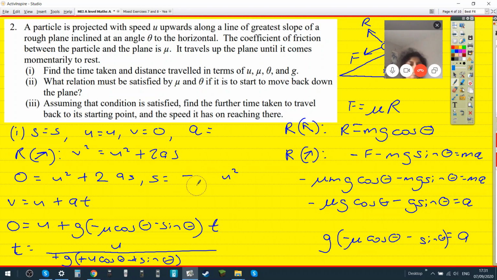So minus u squared over, and then it's just the whole thing. Yeah. 2g minus mu cos theta minus sine theta. Yeah. And let's just check. So that is u, g, mu, and theta. Yeah. Okay. Number 2.